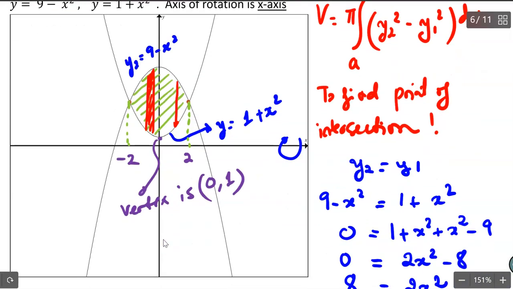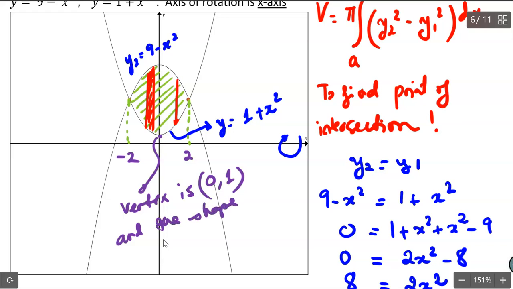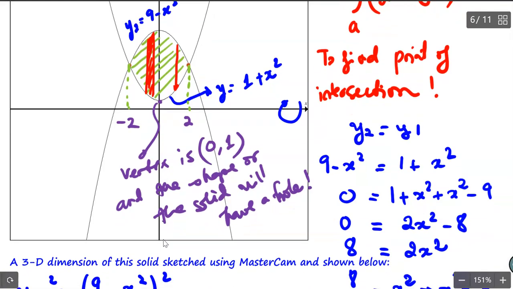When x equals 0, y equals 1. And the solid will have a hole, so we'll have the hole in the middle.